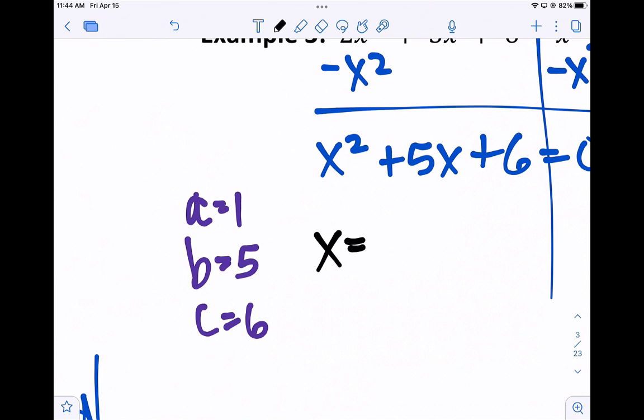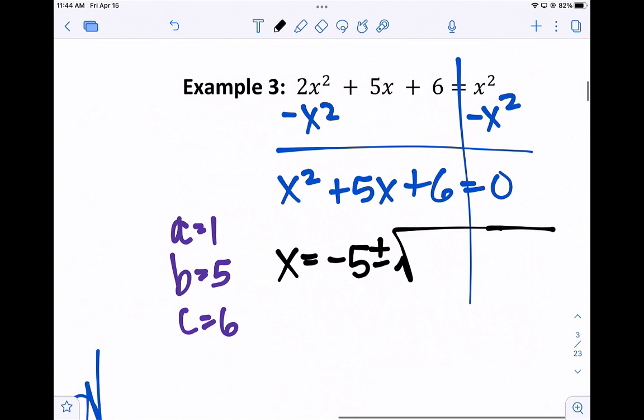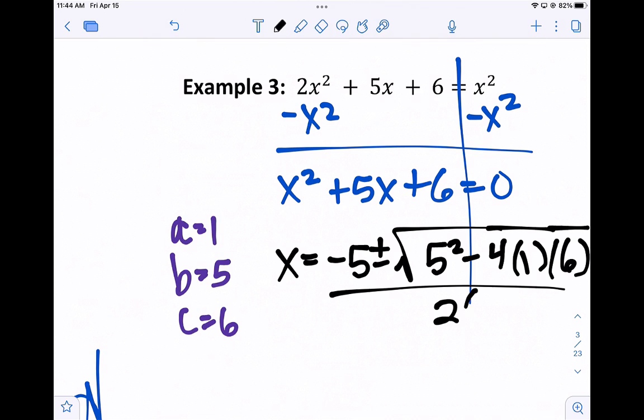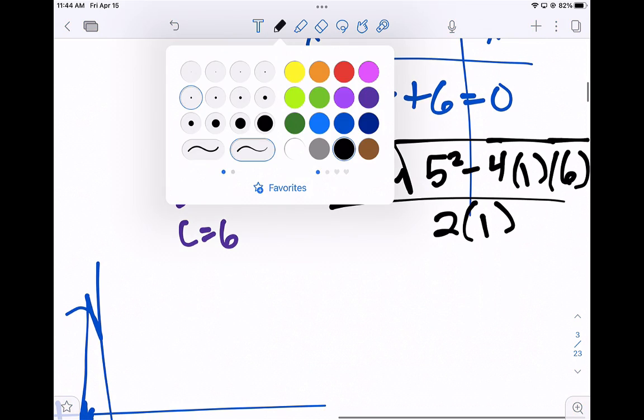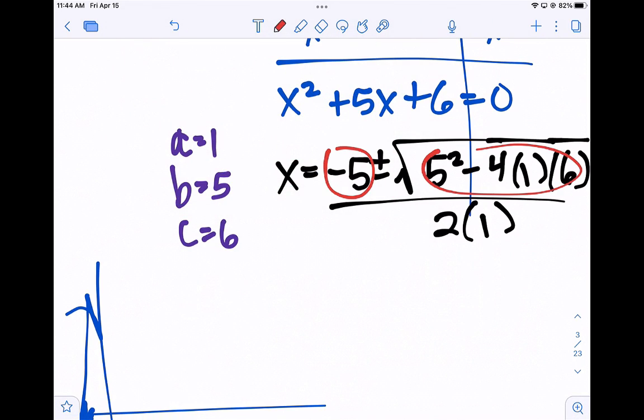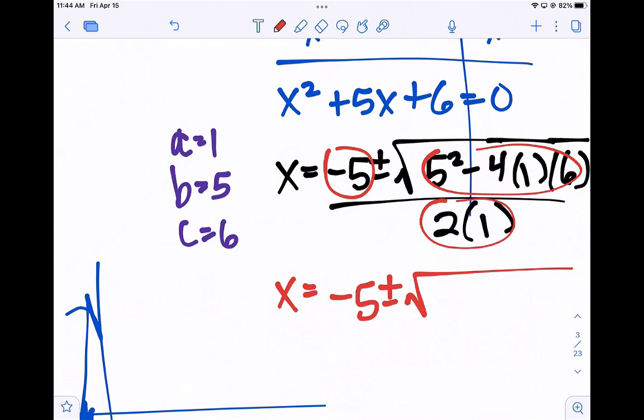X equals opposite b plus or minus the square root of b squared minus 4 times a times c all over 2a. And then we'll get these 3 numbers here. So x equals negative 5 plus or minus the square root of 25 minus 24. What is that, 1?